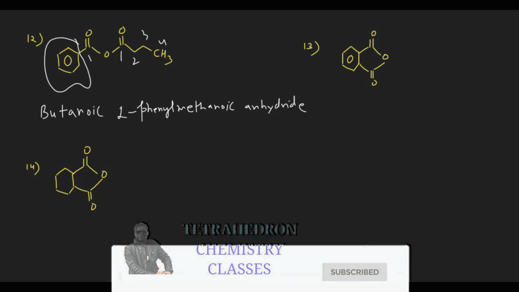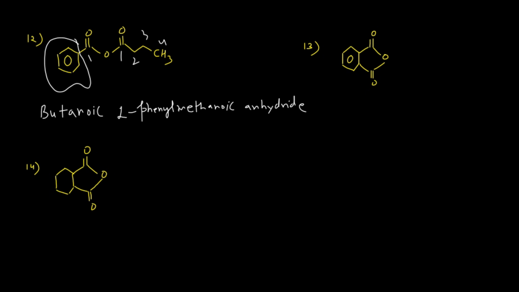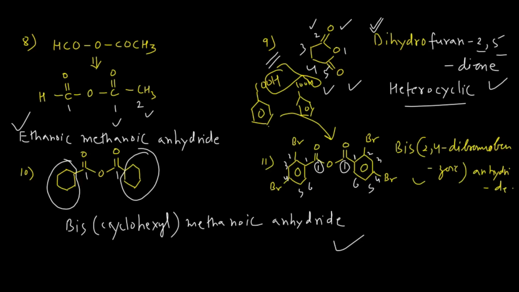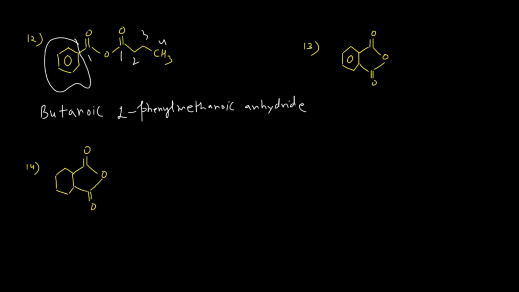And then you can see this compound, which is my problem number 13. Again, see, this is a benzene ring. Earlier we have solved a problem of this kind. These two problems I am discussing.